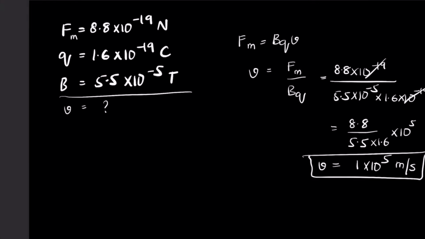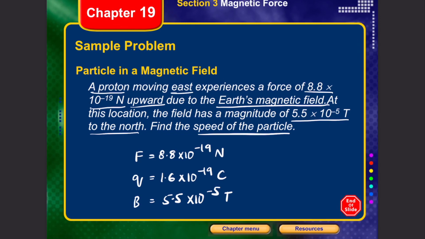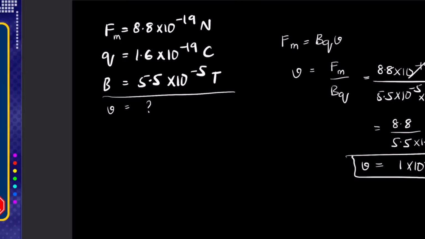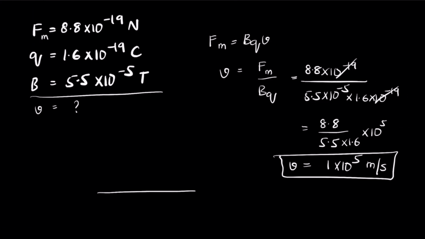Now we know the velocity, but we want to know the direction as well. A proton here is moving east and it experiences a magnetic force upward. So let's consider this is the horizontal ground and this is the proton. The proton is experiencing a magnetic field upward, and it moves towards east.